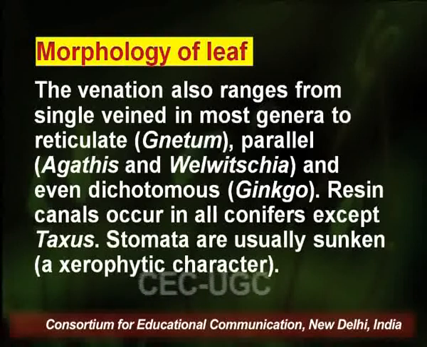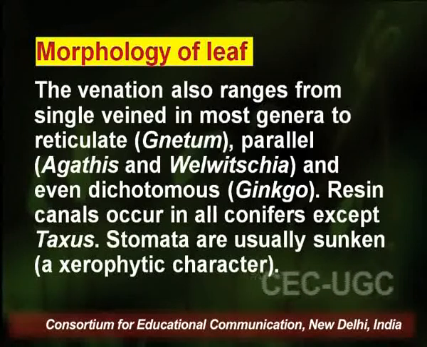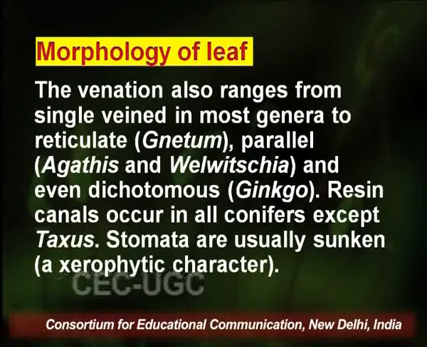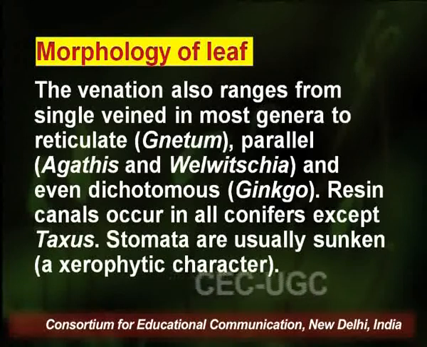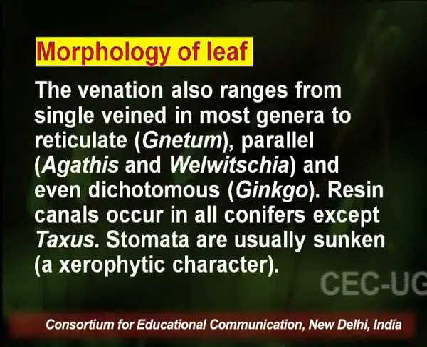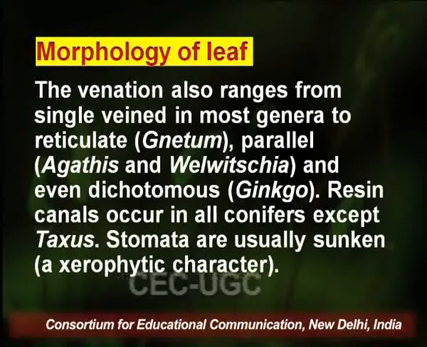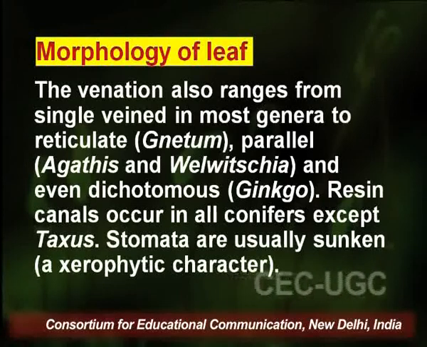In most of the gymnosperms, the leaf has resin canals, which occur in all conifers except Taxus, and the leaf has stomata which are usually sunken. So, the sunken stomata on the surface of leaf is one xerophytic character which is very commonly found in all the gymnosperms.